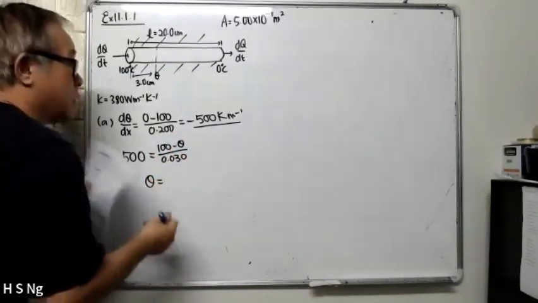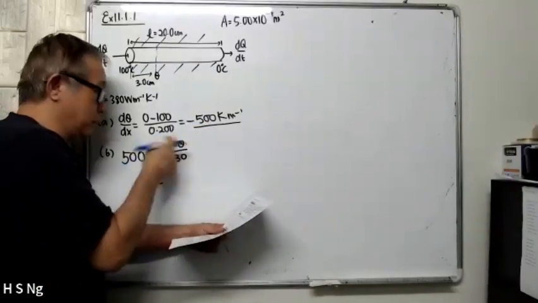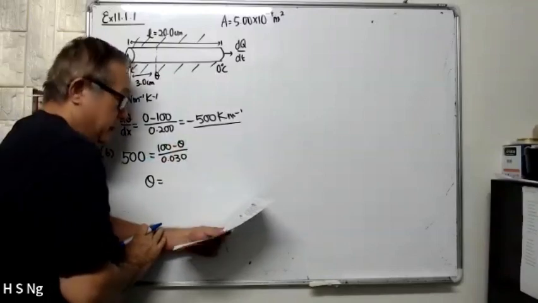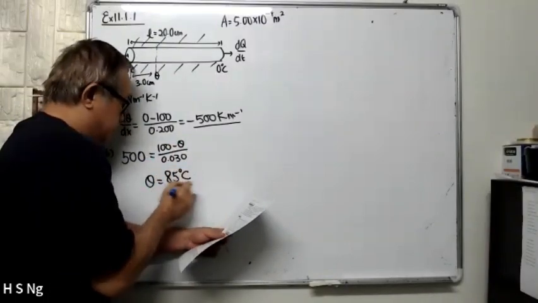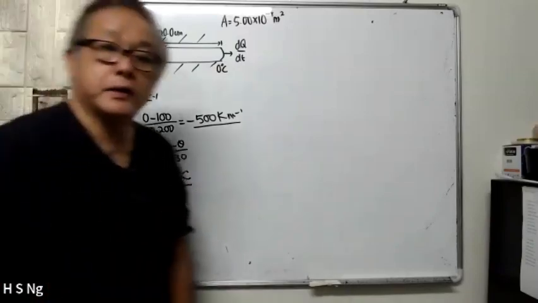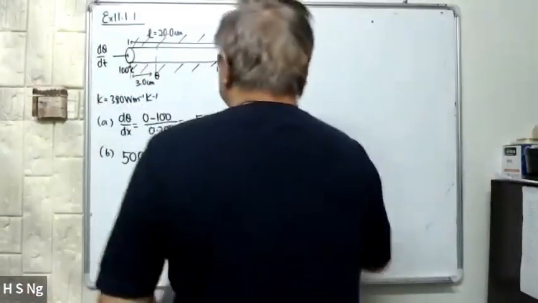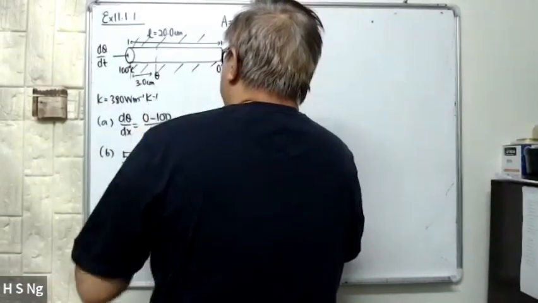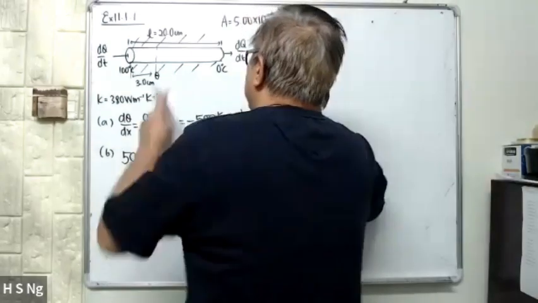Okay, that's all. Don't use negative. If you put in negative, then you have to reverse this as well. So 85. Okay, understand? Just take higher minus lower, then you don't need to use the negative sign.